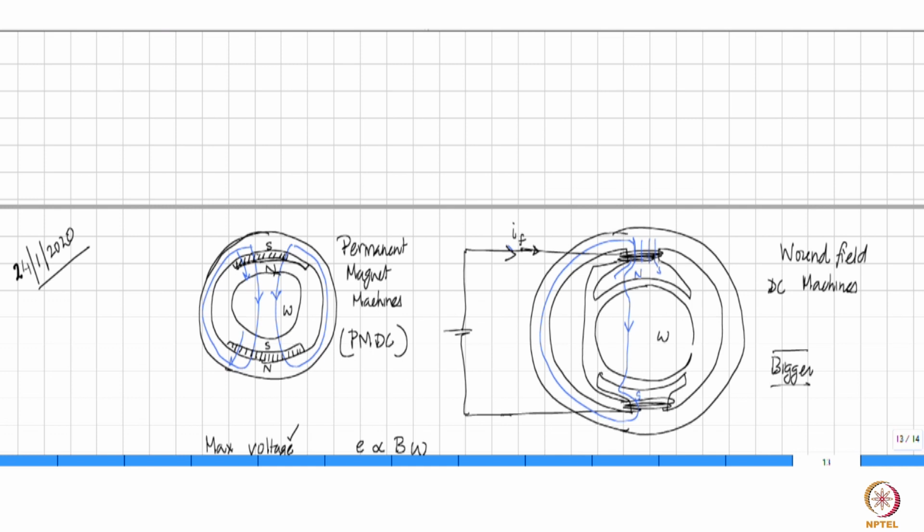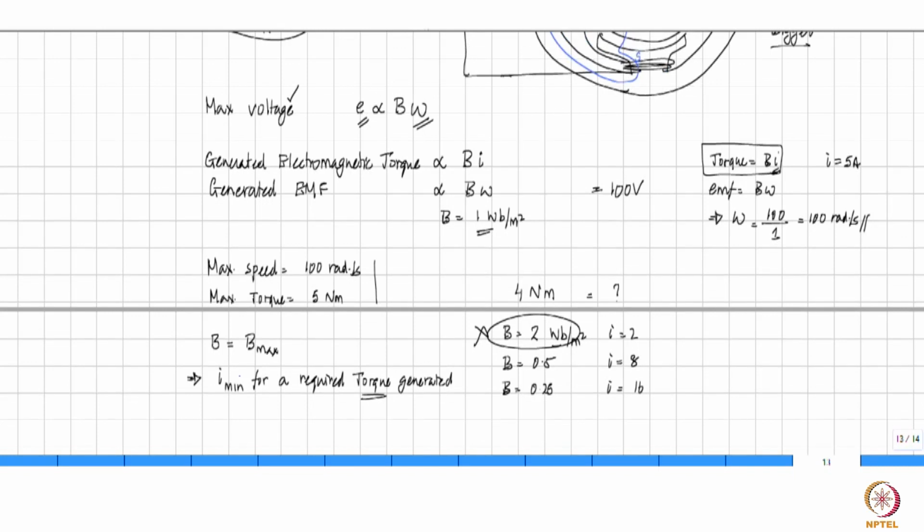So, you need to look at whether the material is going into saturation and whether it can handle that flux density. If you require an unnatural level of B, perhaps it may not be feasible to generate it inside that iron arrangement at all, right? So, one has to look at what is the maximum field strength that the geometry can support, and what is the maximum flow of current that can generate that kind of magnetic field. All those together have to be considered in order to decide what is the value of B max, how much it is.